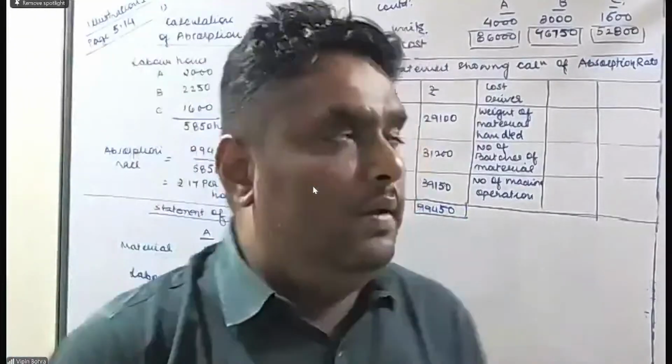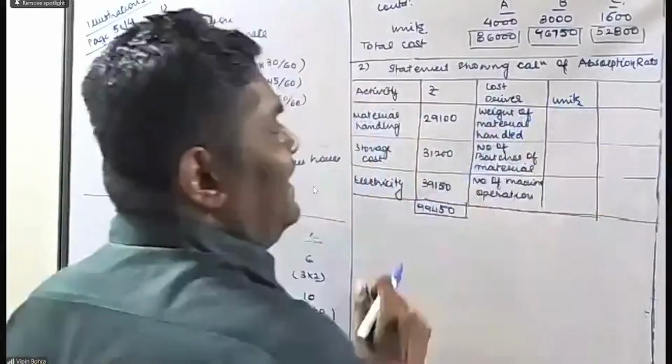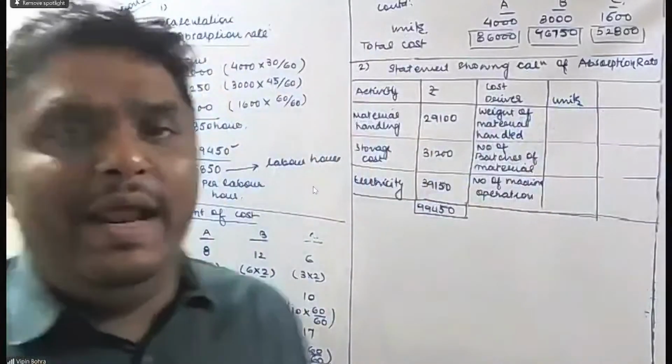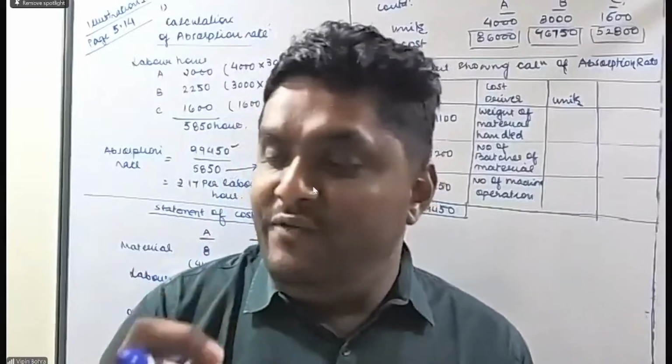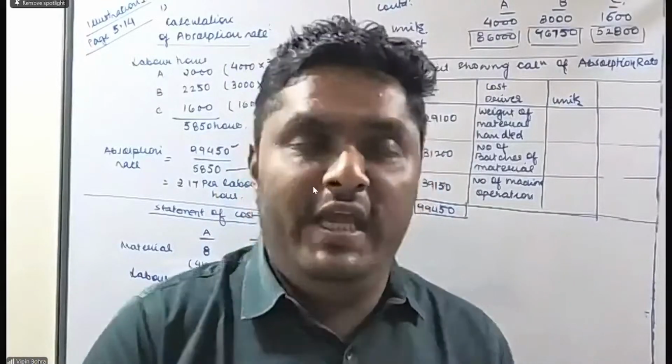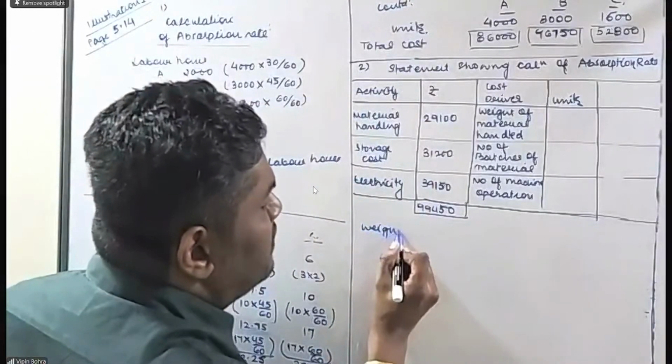Now, when talking about the weight of material handled, it means the quantity in kgs. Herein, the raw material requirement is given that for every unit, 4 kgs, 6 kgs, and 3 kgs is required for A, B, and C. So let's calculate the weight of material first.